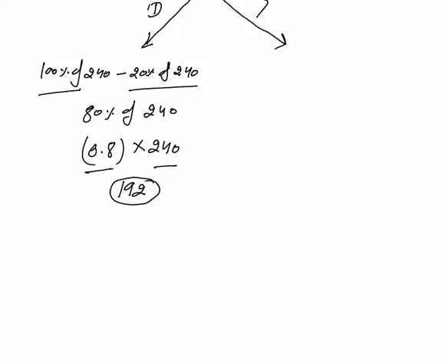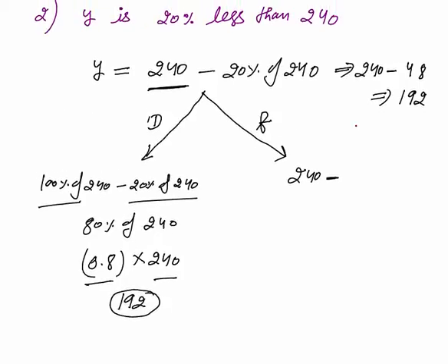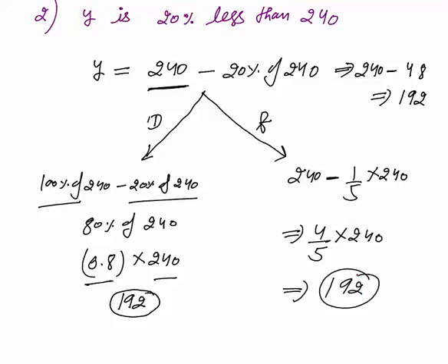And what about this fraction way? You can solve with this. 240 minus 20%, and 20% is what fraction? 1/5. 1/5 of 240. So you will get 240 minus 1/5. Either you can see that this is 4/5 of 240, or you can solve straight away. So the answer will still be 192.